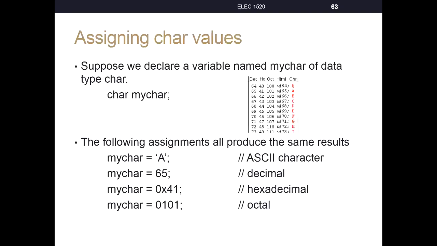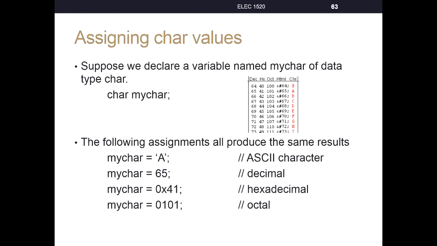Let me annotate this. Here's our data type char. Here's our variable name myChar. We can use different assignments to store the same information. They're all going to produce the same result.